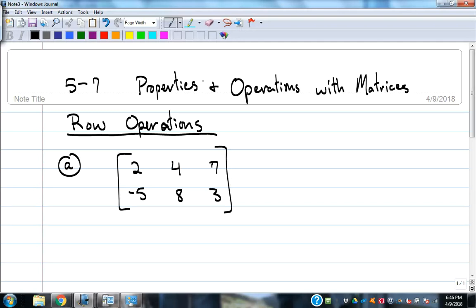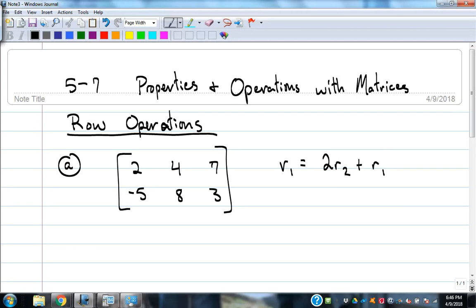We want to do row operations on that particular matrix, which came from a system of equations, or we can assume it did. The row operation that we want to do is R1 equals 2R2 plus R1.